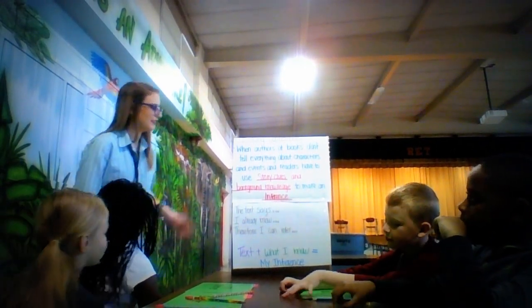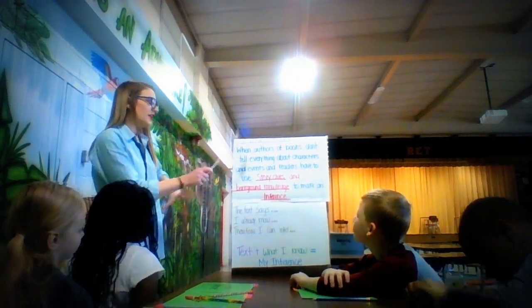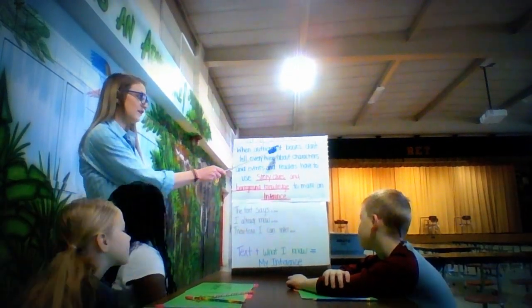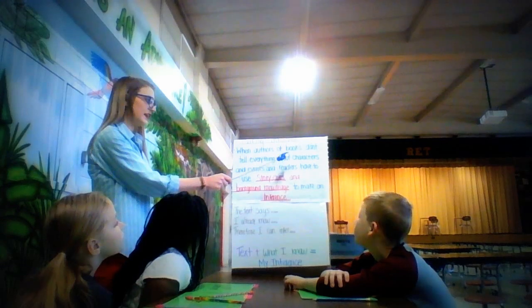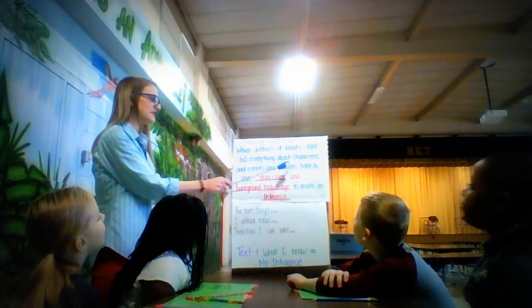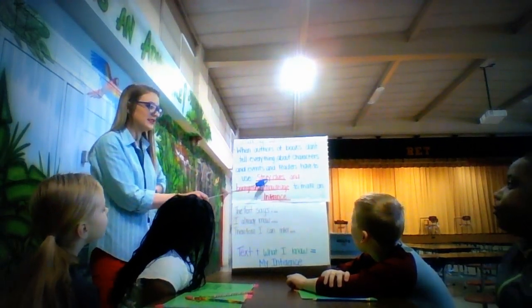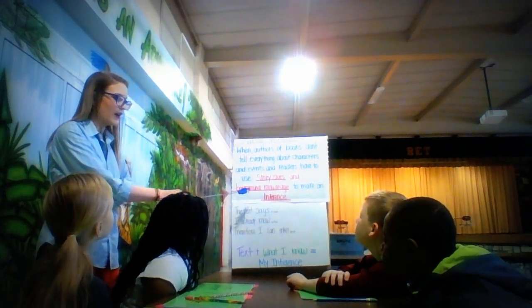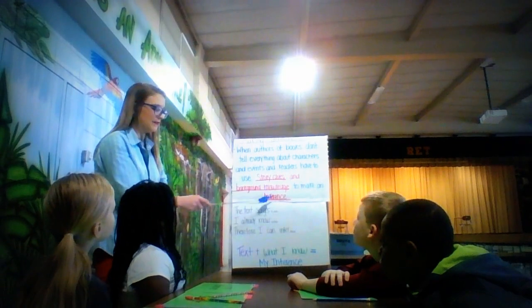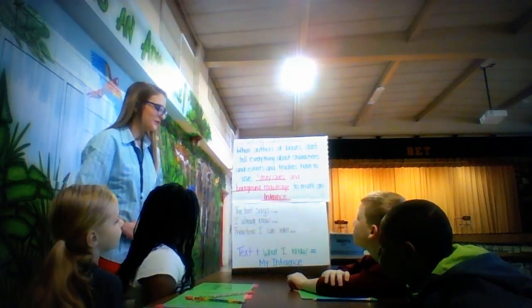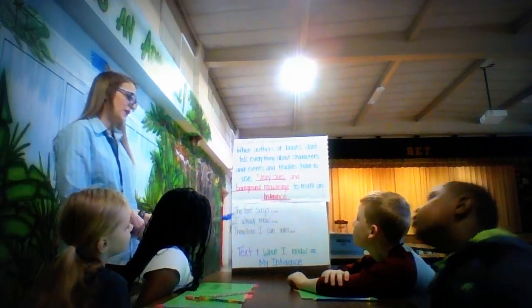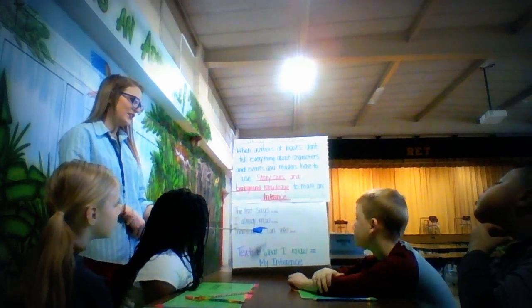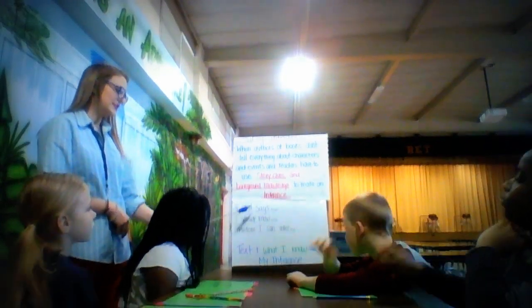All right. So let's get started. An inference is when authors of books don't tell everything about characters and events, and readers have to use story clues. Now, we just talked about those clues, right? And background knowledge, that's what we already know, to make an inference, okay? So if you already know something, you can use that, and then you use what the text says.